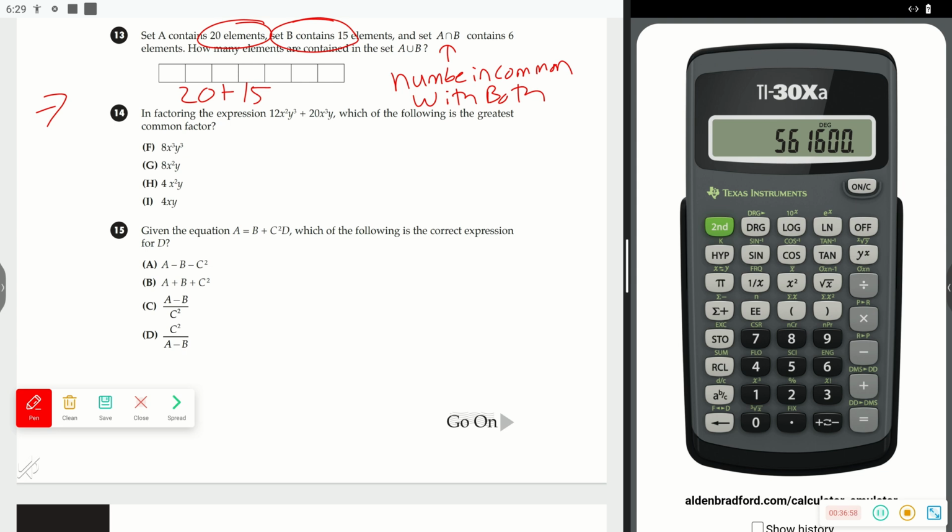So 6 of the elements are in common with both. So we actually have to do minus 6, and 20 plus 15 minus 6 equals 29. I'm not sure if I explained that the best, but that is the proper answer. It says how many elements are contained in the set AB?